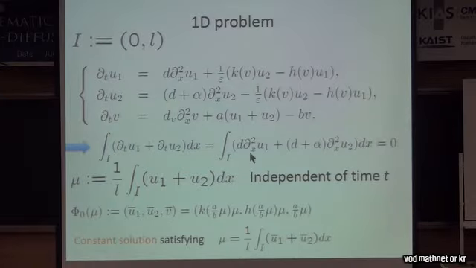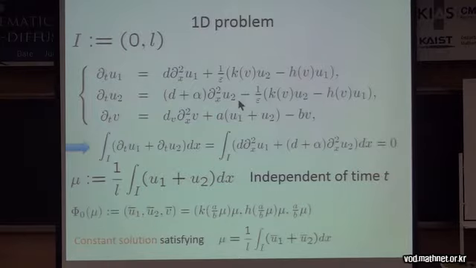It is easily known that this quantity is preserved in time, so we denote it by mu. This system has constant equilibria, say phi 0 mu.